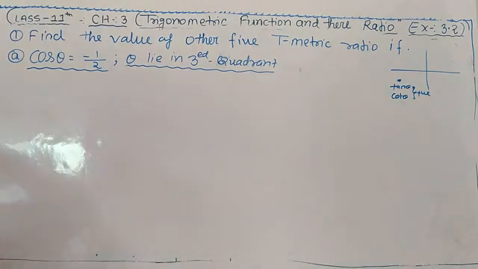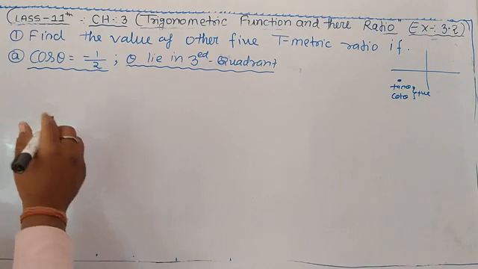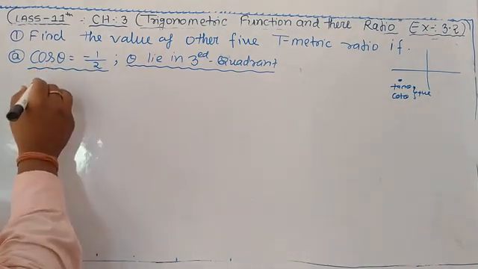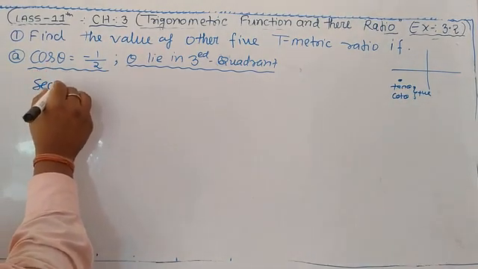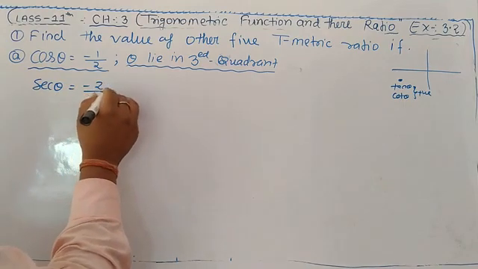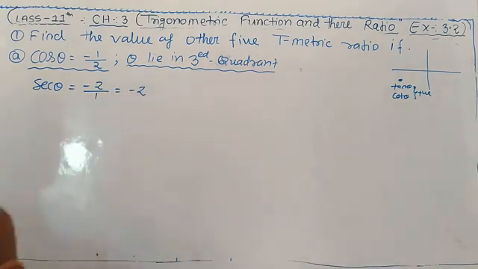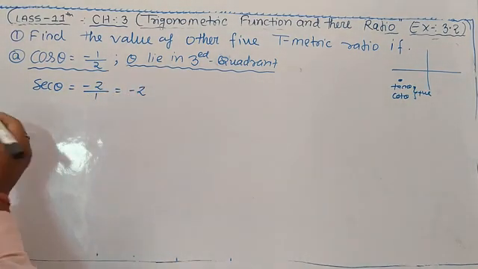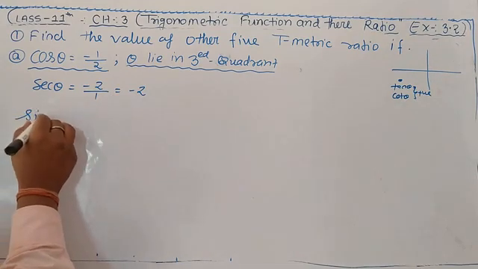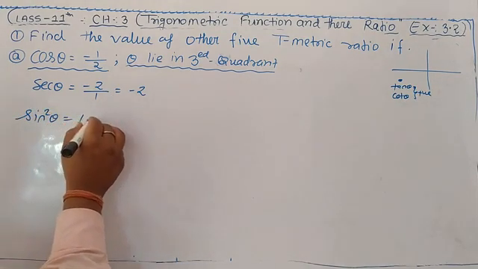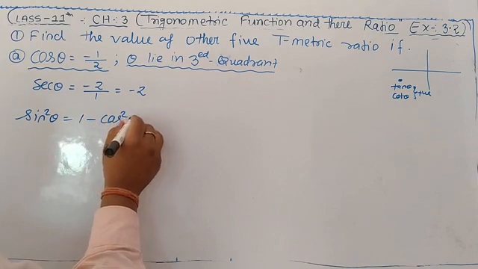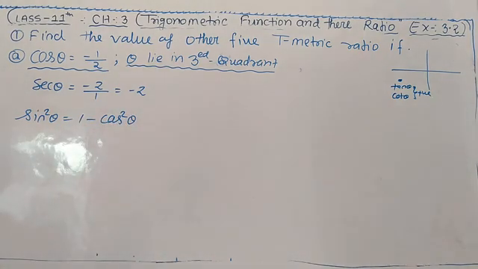Cos theta is equal to minus 1 by 2. Find the other ratios. Then sec theta is equal to minus 2 by 1, which is minus 2. Second, sin square theta is equal to 1 minus cos square theta. In the previous video we explained trigonometric identities.